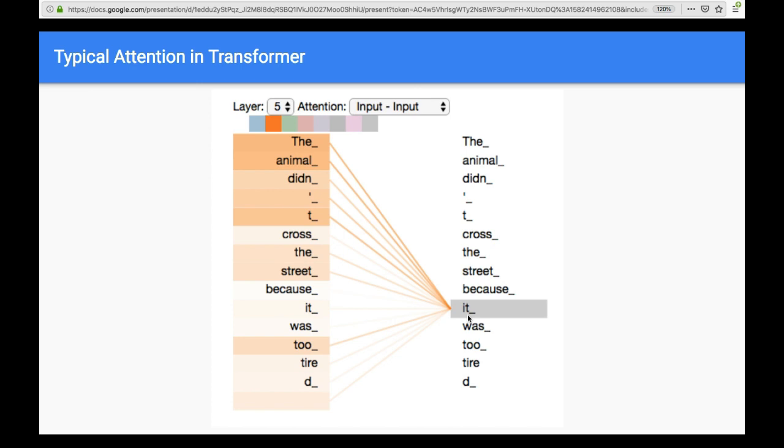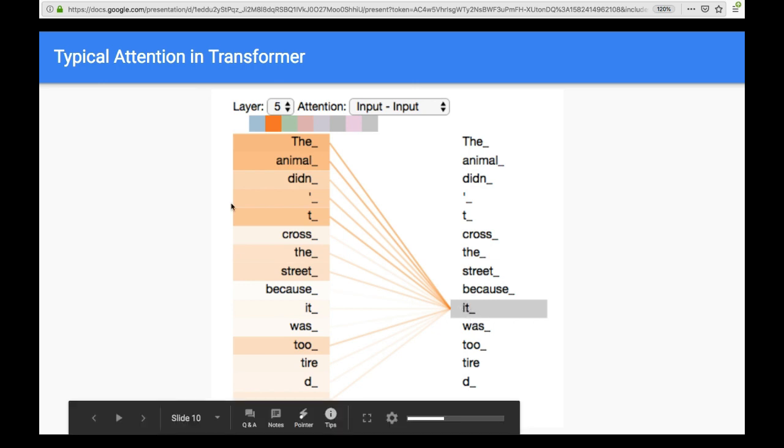So that's attention, self-attention. You look at yourself, every word in the input sentence, and decide which words you need to pay more attention to in order to generate the representation for this given token.